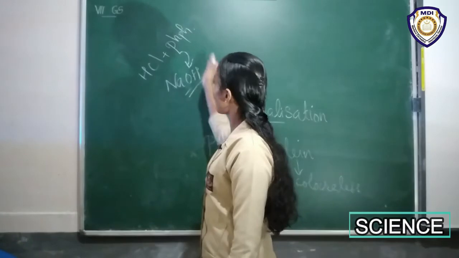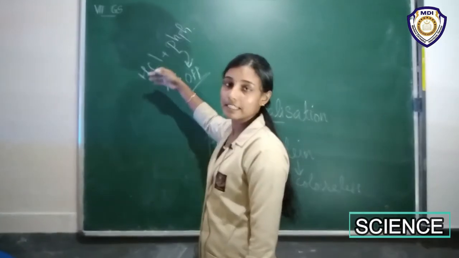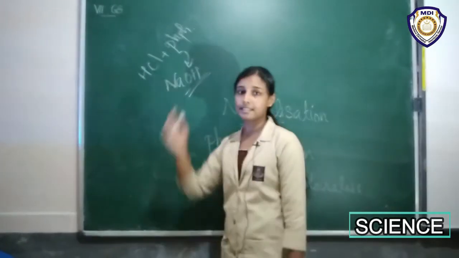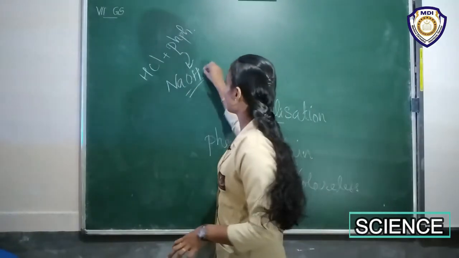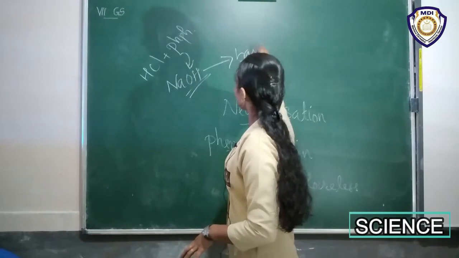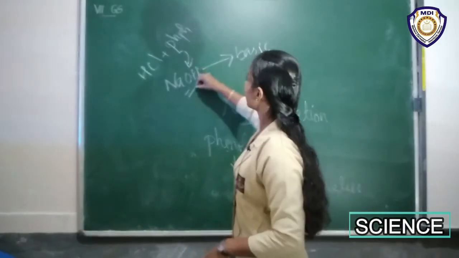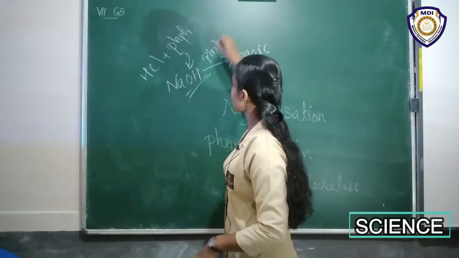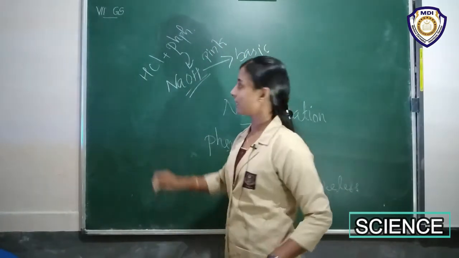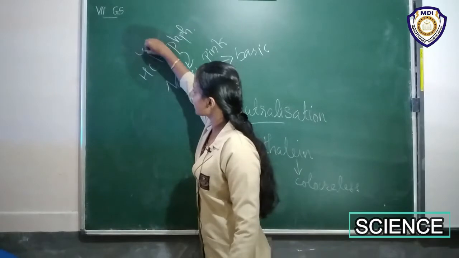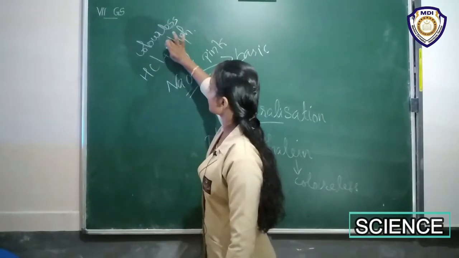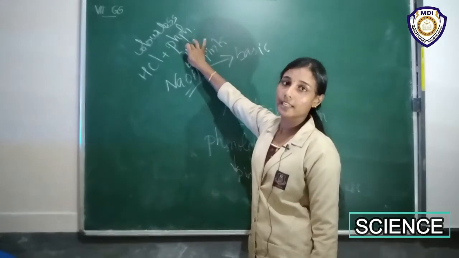When the amount of NaOH exceeds HCl, the solution becomes basic. At that time, it is indicated by the color change from colorless to pink. So this solution is colorless. That is, the acidic solution along with the phenolphthalein is colorless.